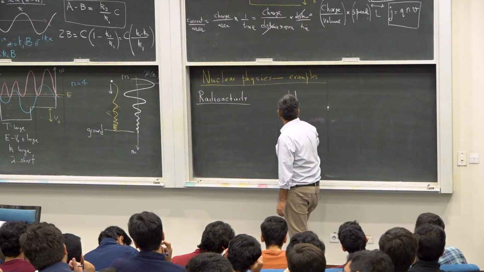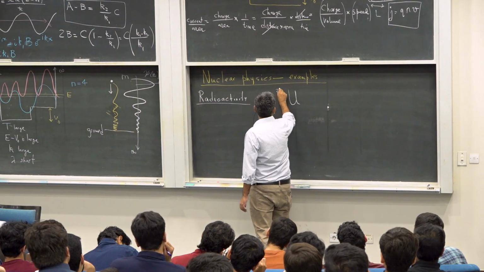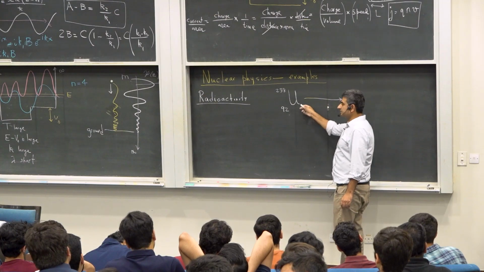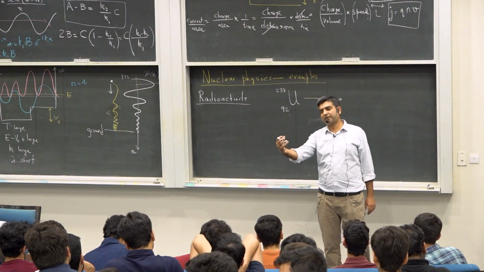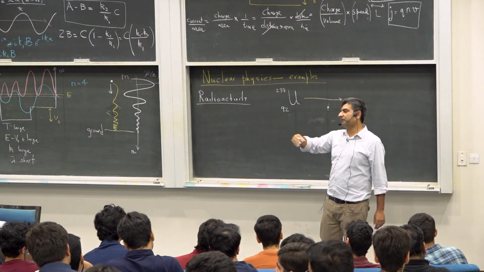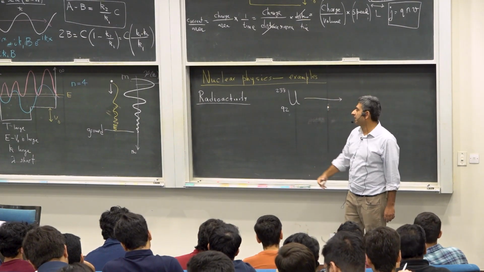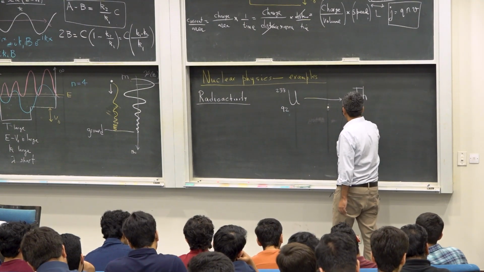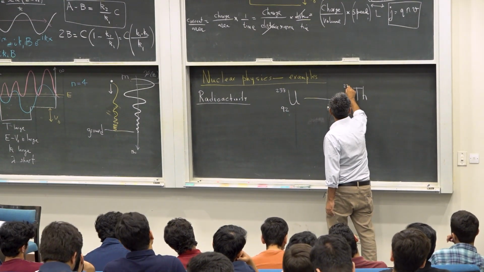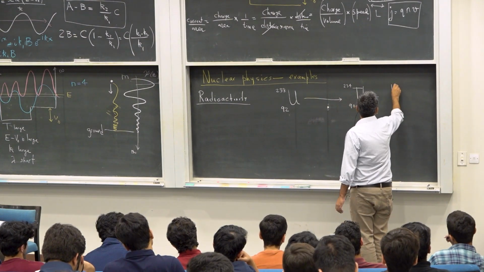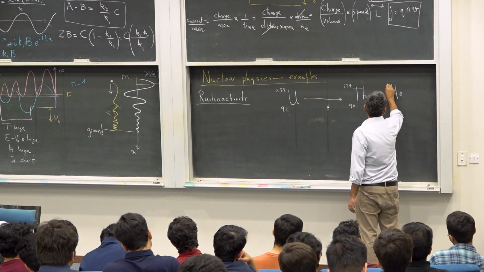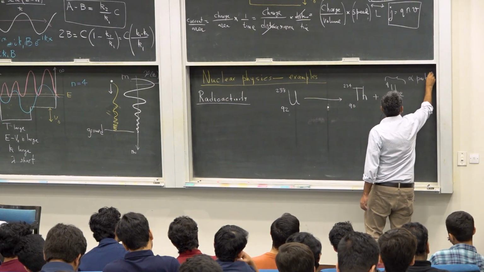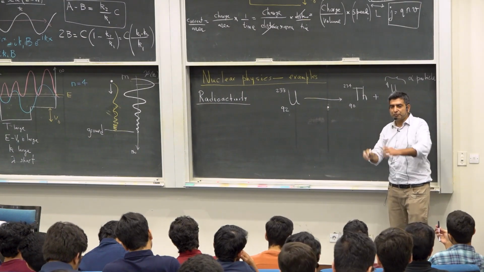Uranium 92, 238. This nucleus is radioactive, naturally radioactive. It decays with a half-life of about 1 billion years. Now this decays, gives you thorium, another nucleus, 90, 234, and releases an alpha particle. This is your alpha particle. The alpha particle is 2 protons and 2 neutrons.